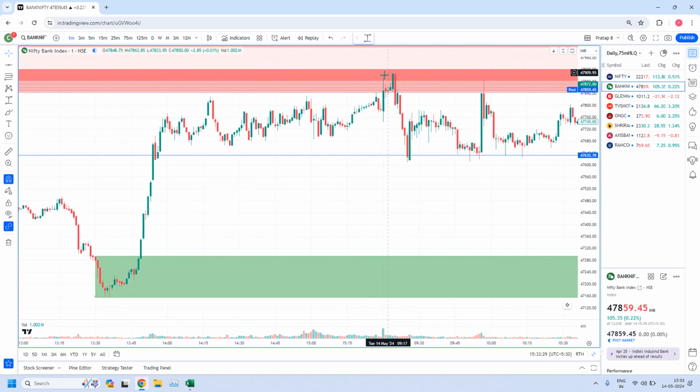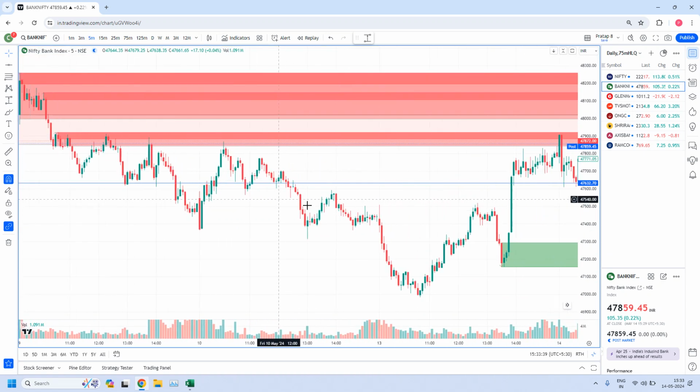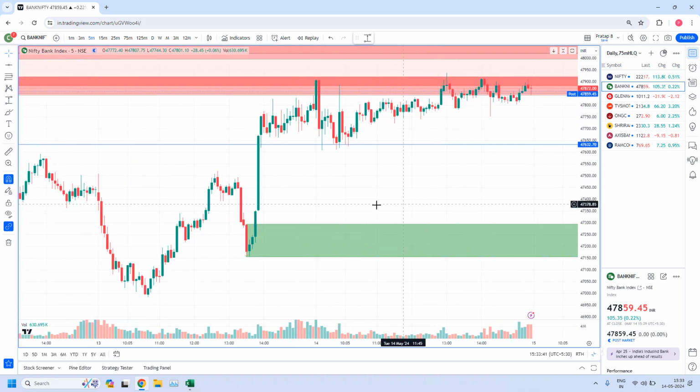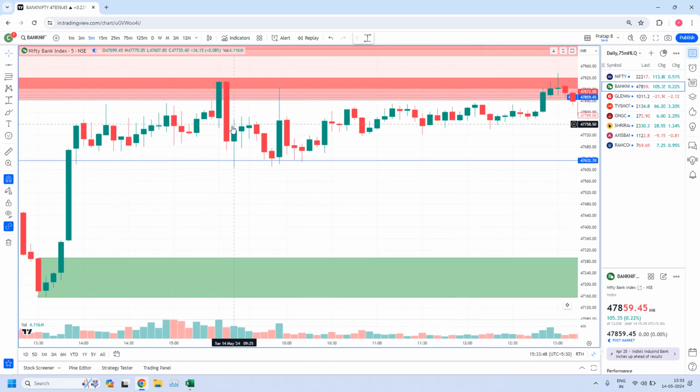From this fine-tuned zone to this blue color line that I have drawn, till that area, we can achieve 1:5 RR. From your entry till this blue color line, 1:5 RR. So after getting 1:5 RR, it is a good option to exit.